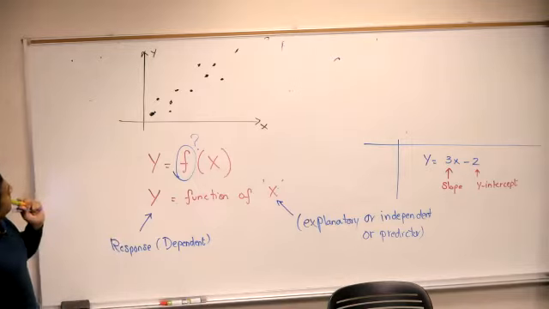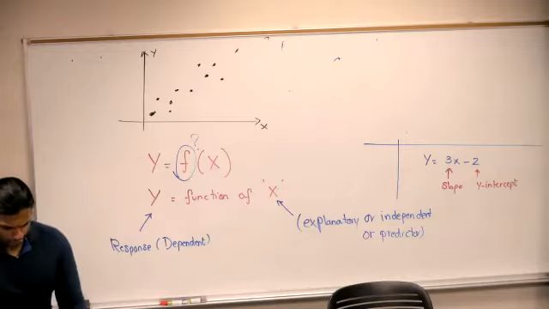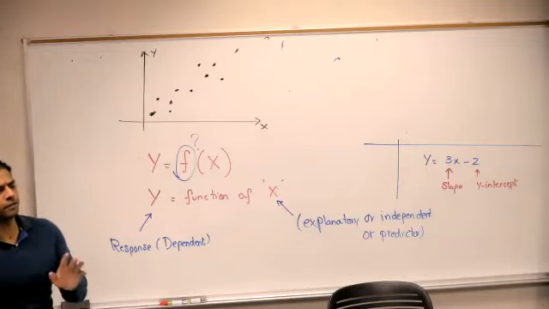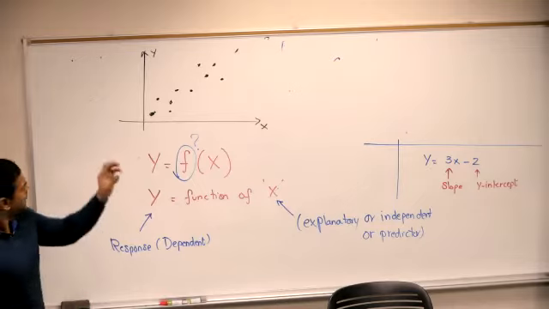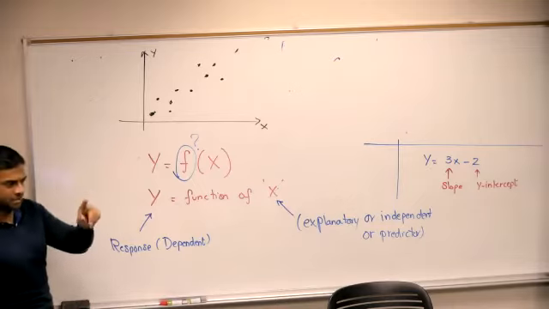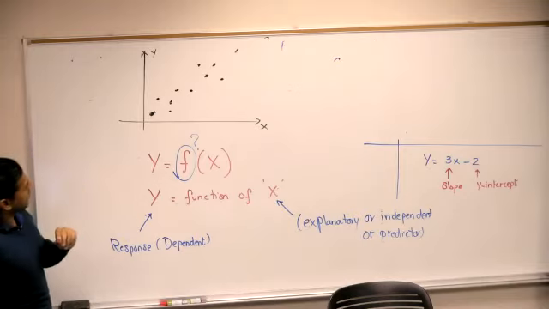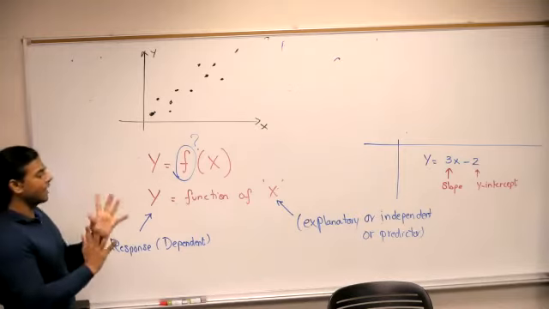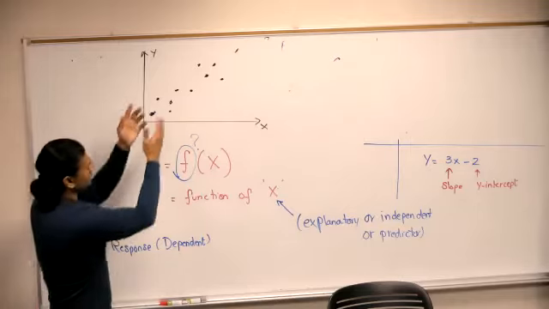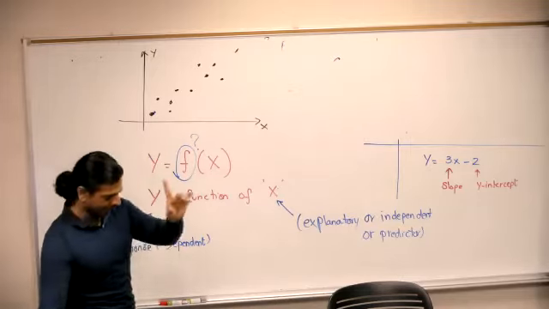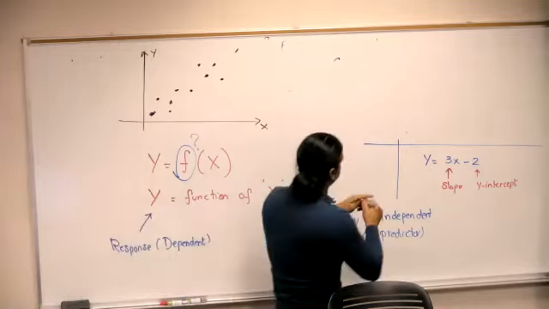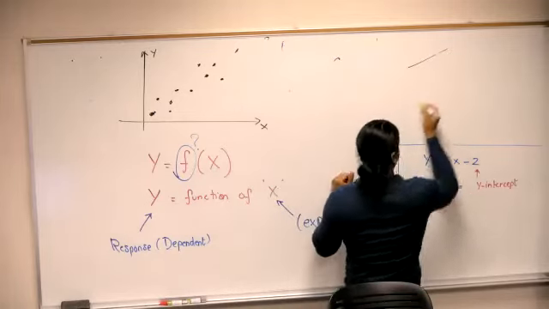How many do we have? 11. Now, by the looks of it, do you believe that there is some sort of an association between X and Y? Yes. And if that is the case, what type of function could possibly explain that relationship? Don't answer yet. Could it be a line?